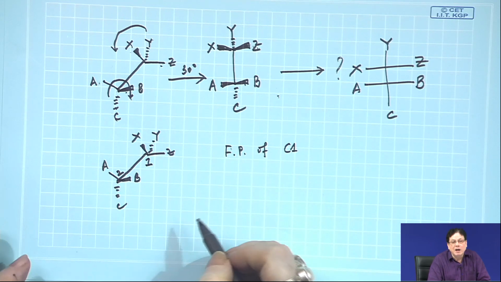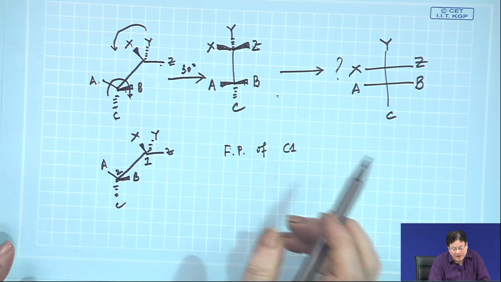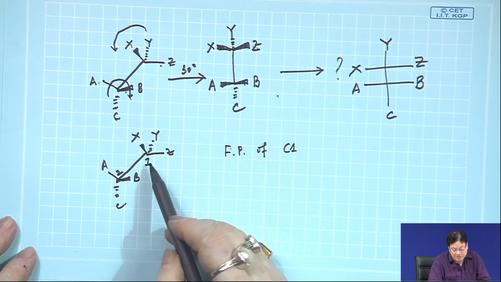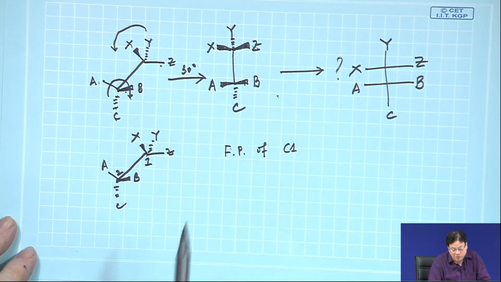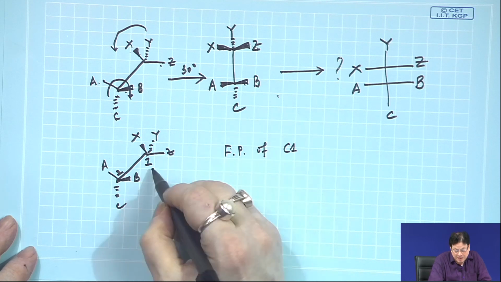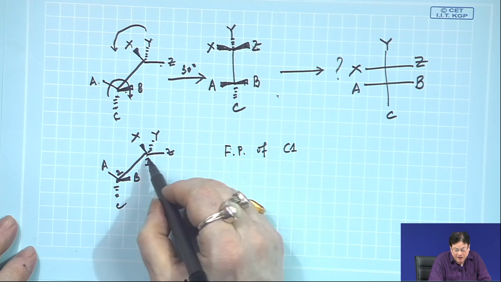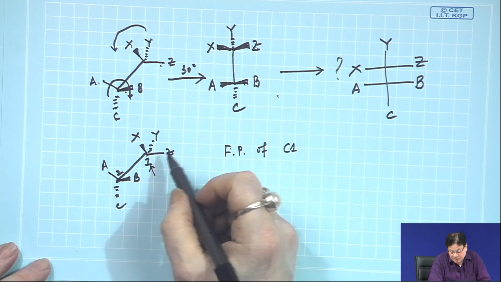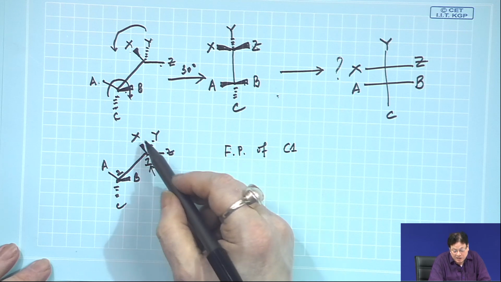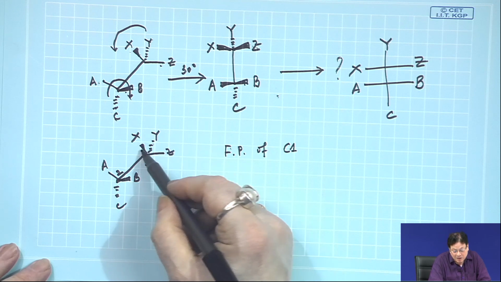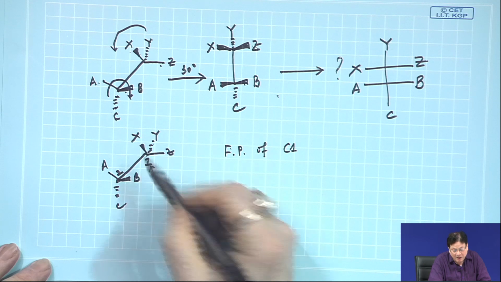Now, if you have gone through the video lectures, there I said that to convert from the wedge to the Fischer projection, it is better to look at the bonds which have similarity, which means it should not be that you look from a beta and in between beta or beta and alpha.